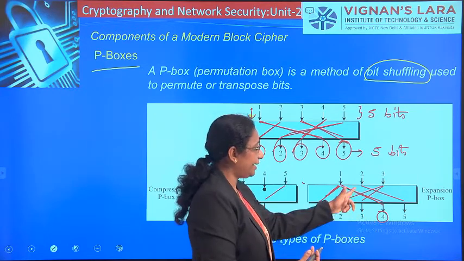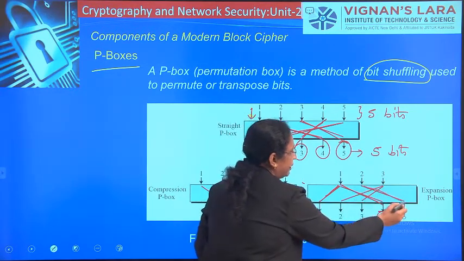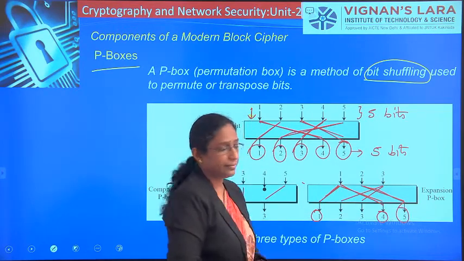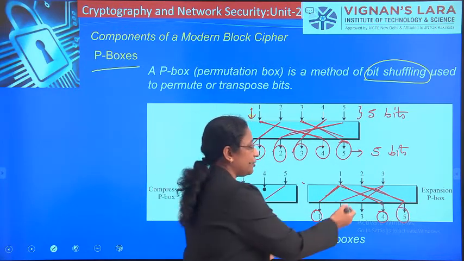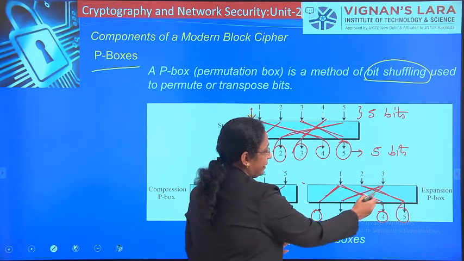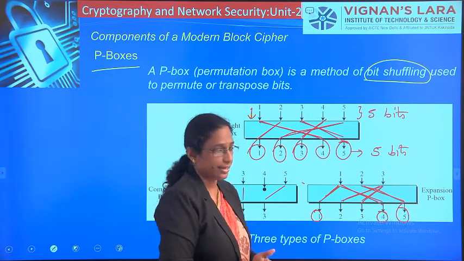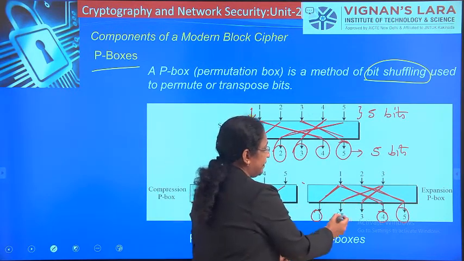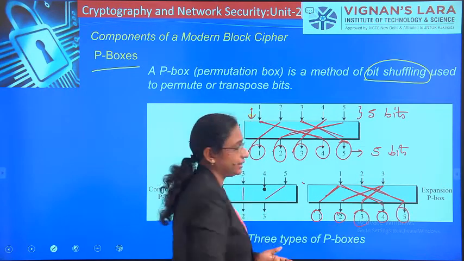The second bit is used only one time, becoming the 5th bit. The third bit is repeated 2 times: the third bit is becoming the second bit and also the third bit.